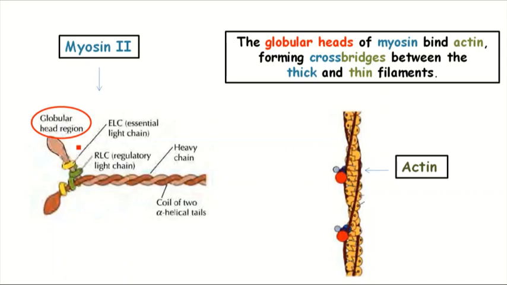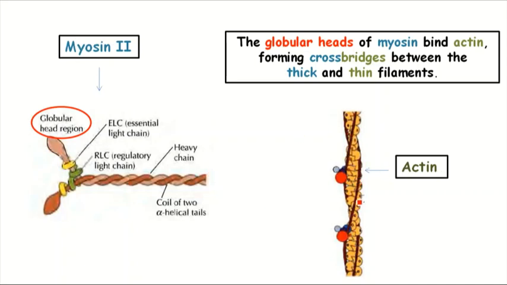This yellow is the essential light chain and this green one is the regulatory light chain. That is a total of 4 light chains and 2 heavy chains. And in this heavy chain, this is the globular head region and this is the alpha helical tail. Very important structure. And this is actin.